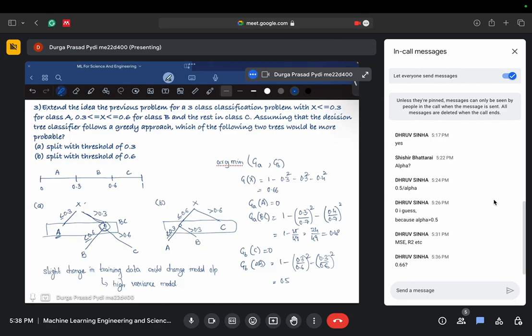So now which one do you think will be chosen by the algorithm, A or B?